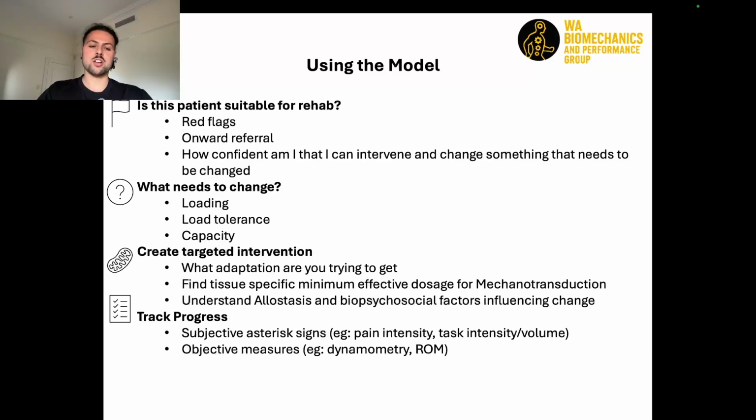This is why we love dynamometry, Mitch and I, because dynamometry can track capacity. You can do isokinetic, isotonic, isometric force tests, and that will hopefully give you a pretty good proxy for someone's capacity. But dynamometry can also give you someone's load tolerance.